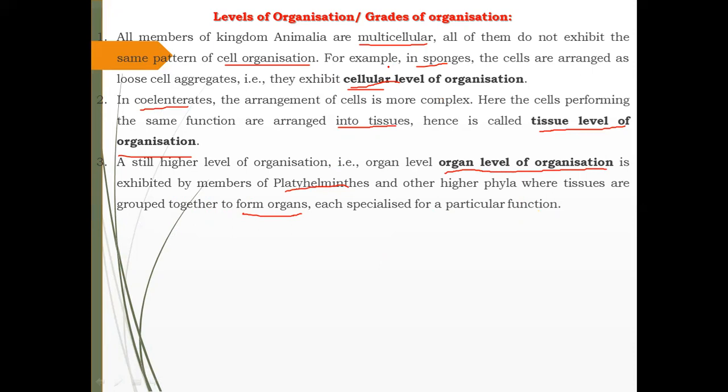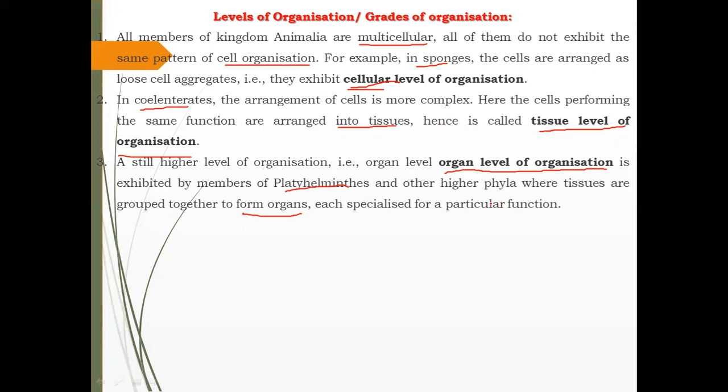If you take the example of sponge, they never show any type of organs or tissue. यामध्ये ऑर्गन्स किंवा सिस्टीम नसती, just a group of cells, that is called cellular level of organization. These are a particular organ for a particular function.